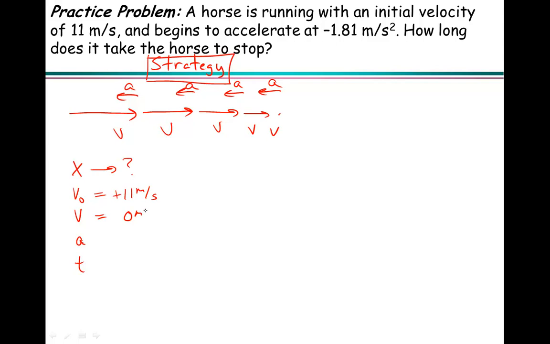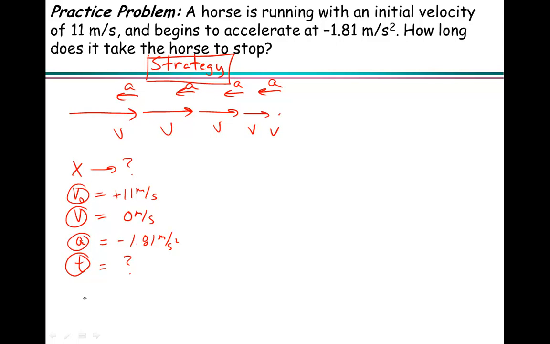So that's one way that the motion map is helpful for us. The acceleration is also given to us, negative 1.81 meters per second squared. The time we do not know. In order to solve these kinematic problems using the strategy, we need to have 3 variables that we know and 1 more that we're looking for. It says, how long does it take the horse to stop? Well, that's the time. So those are the 4 variables that we need in our equation.